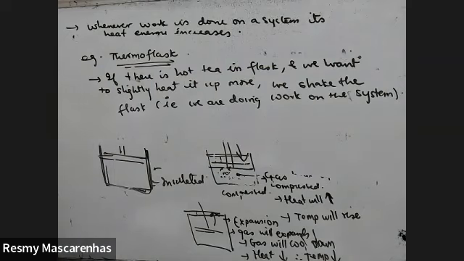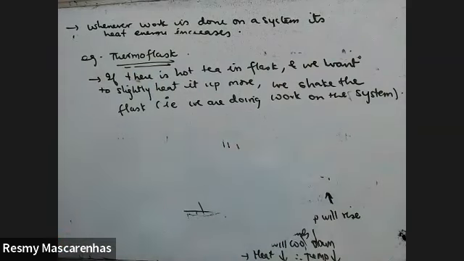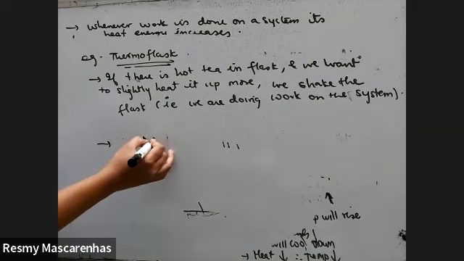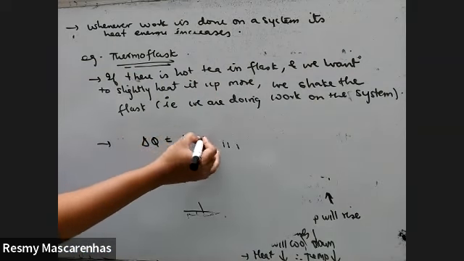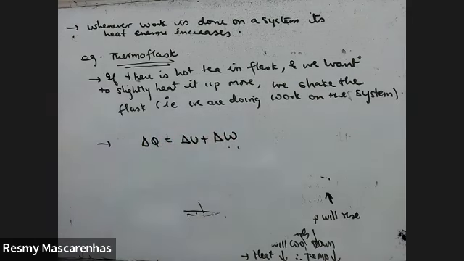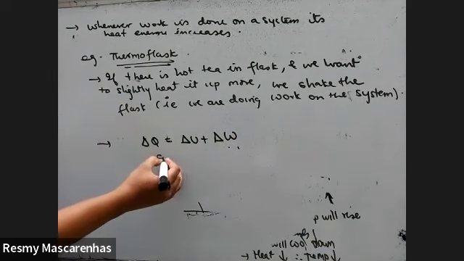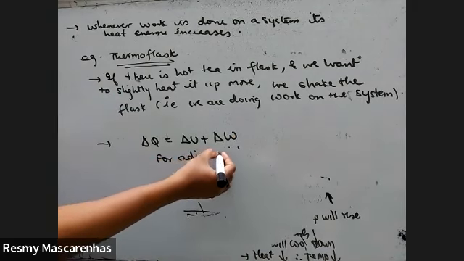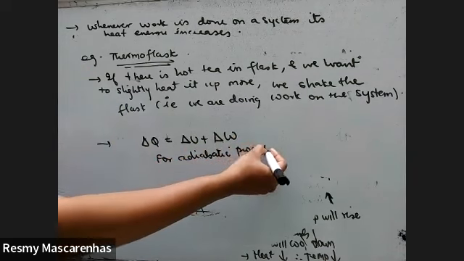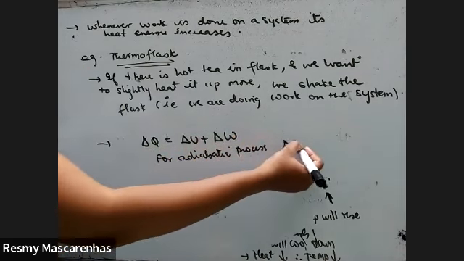So we'll see what the thermodynamic law is. The thermodynamic law is delta Q is delta U plus delta W. For an adiabatic process, there is no heat exchange, so delta Q is 0.